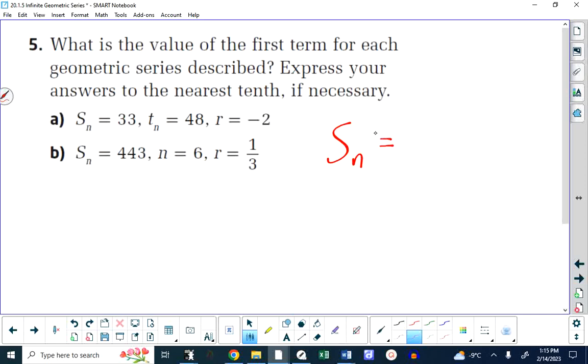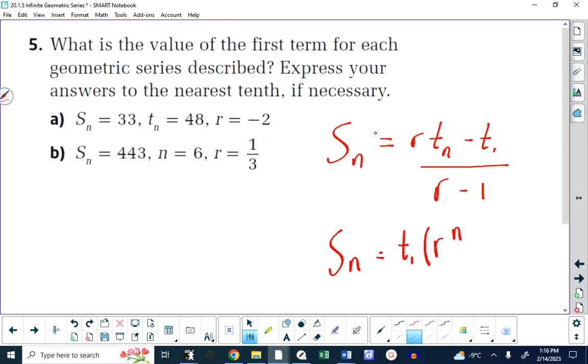Sn equals R times Tn minus T1 over R minus 1. Is that a formula? Or did I just dream that? That's a formula, right? And I have Sn equals T1 times R to the n, then minus 1 over R minus 1. And I'm pretty sure that's right.